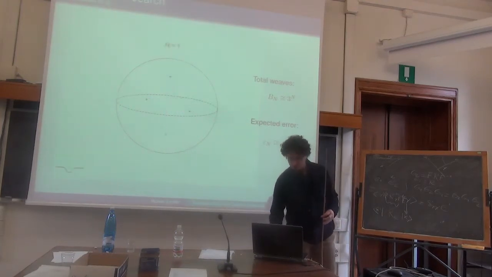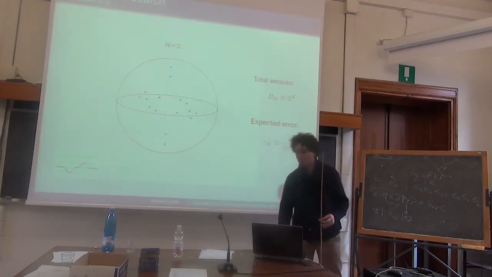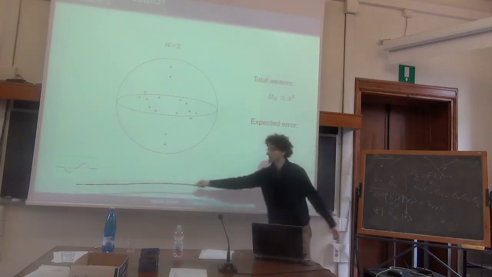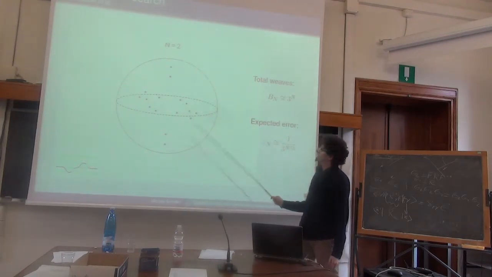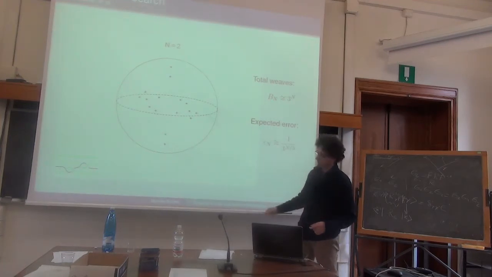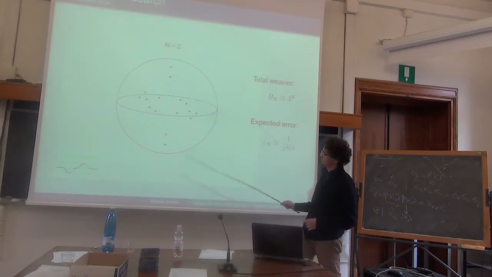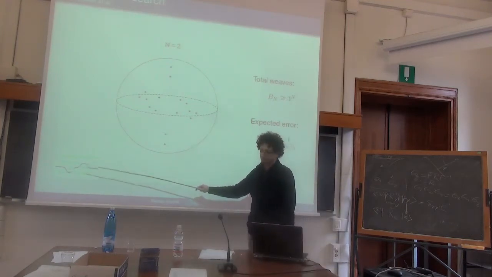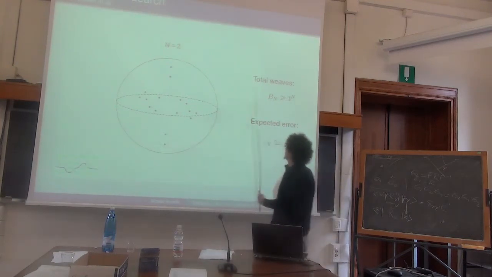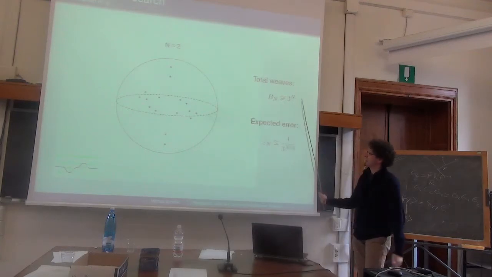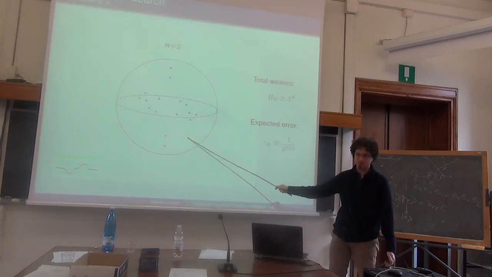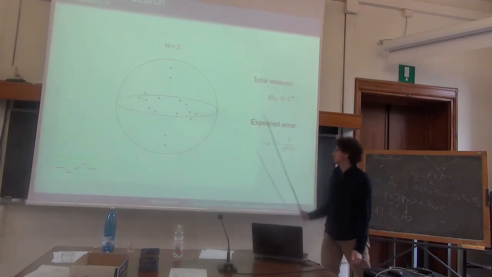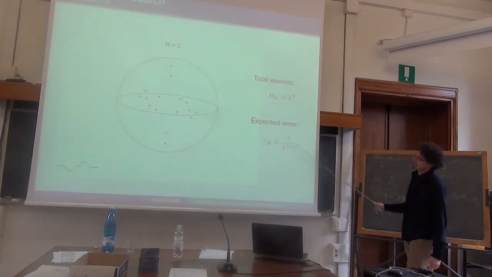But now, if I start to consider 2 double exchanges like this one, the possibilities become 12 because I cannot undo what I did before. So essentially, the total number of these braids obtained by double exchanges scales with 3 to the n, and you may expect that therefore if I want to approximate something which is here, the corresponding error decreases in this way.